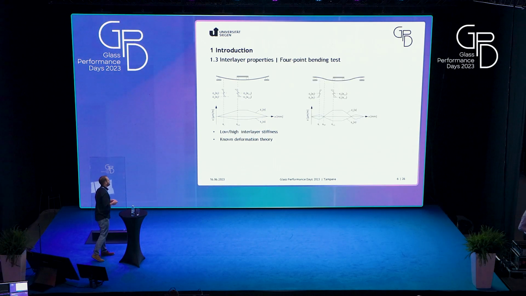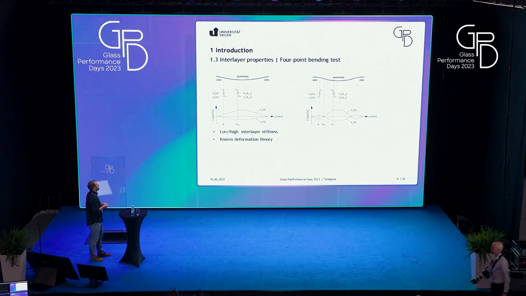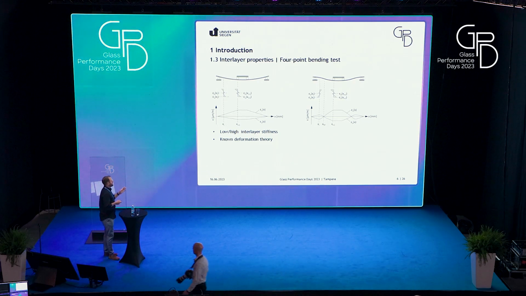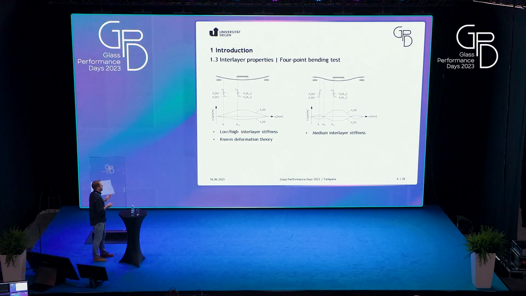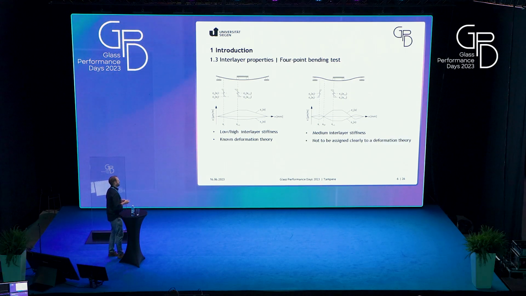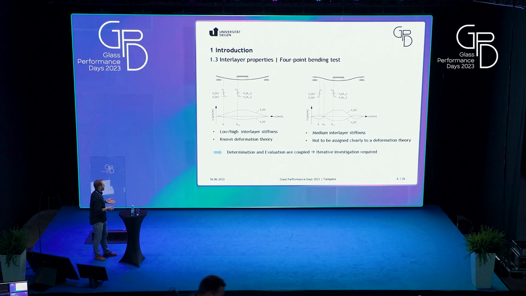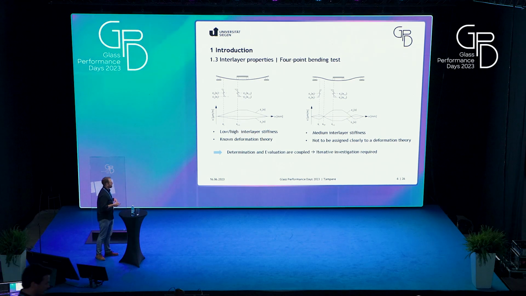On the right, we have a different bending line. As you can see, there are turning points, and the state of stress and strain is different from the left. Especially medium interlayer stiffness causes this deformation. It cannot be assigned clearly to any deformation theory, so the deformation and the evaluation are coupled.